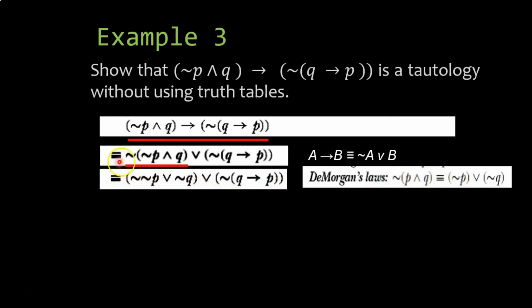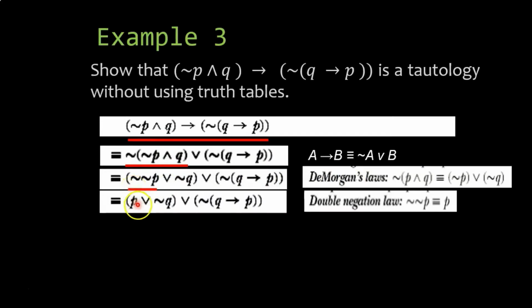Meaning that you distribute the negation inside, and then you convert the conjunction symbol into disjunction based on De Morgan's law. And then with the double negation, you'll get the original P.